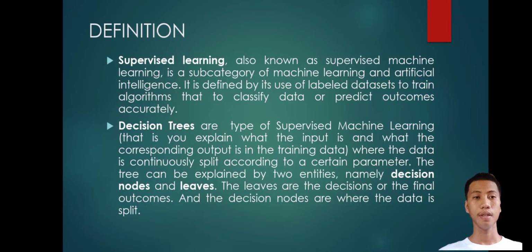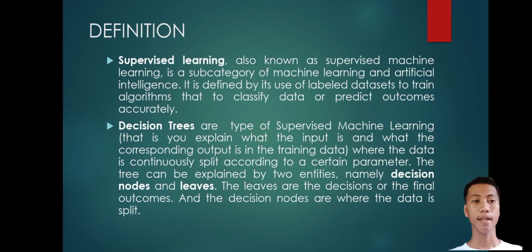Definition. Supervised learning, also known as supervised machine learning, is a subcategory of machine learning and artificial intelligence. It is defined by its use of labeled datasets to train algorithms to classify data or predict outcomes accurately.